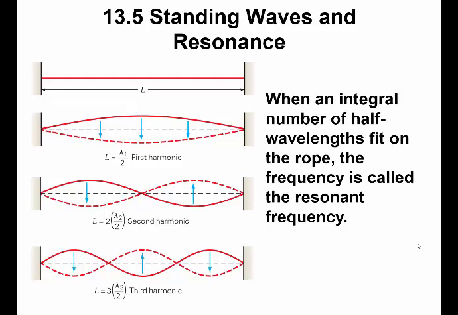And so that is when we have a resonant frequency. We didn't always have a resonant frequency in our simulation because our frequency didn't match, so that we had a set number of complete cycles within the length of our rope.